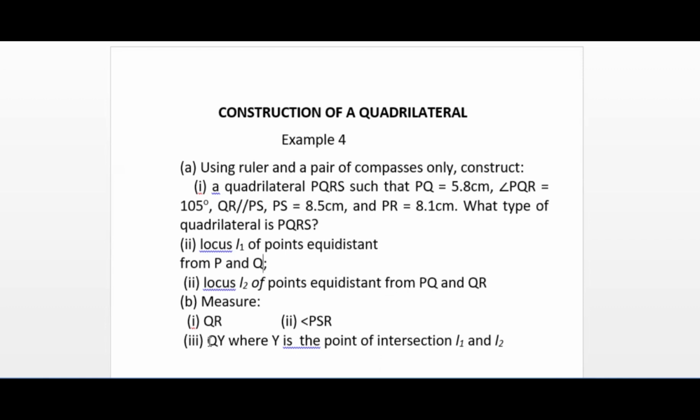And we have to measure QY as well. We want to measure QR first, then angle PSR and QY. These are the three things that I want to quickly look at, where Y is the intersection of L1 and L2.